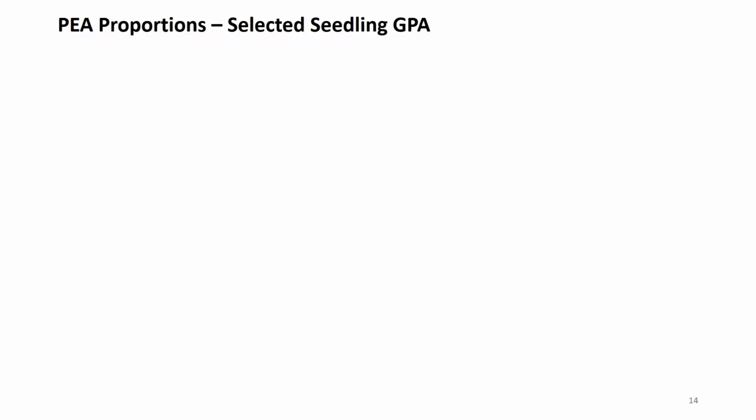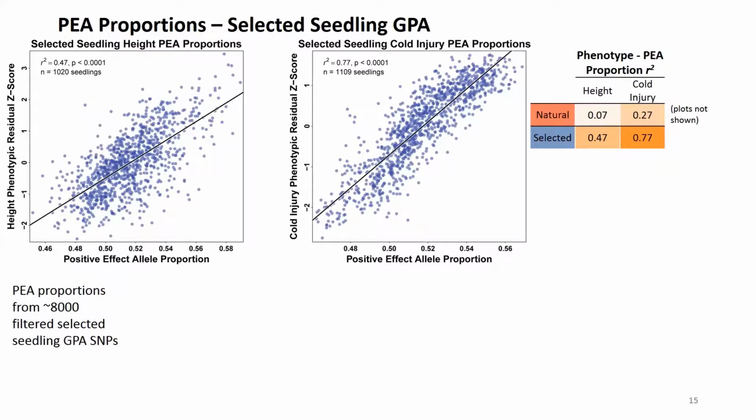Now, to flip this around and use selected seedling genotype-phenotype associations, we also find that the positive effect allele proportions can explain large amounts of variation in height and in cold injury.